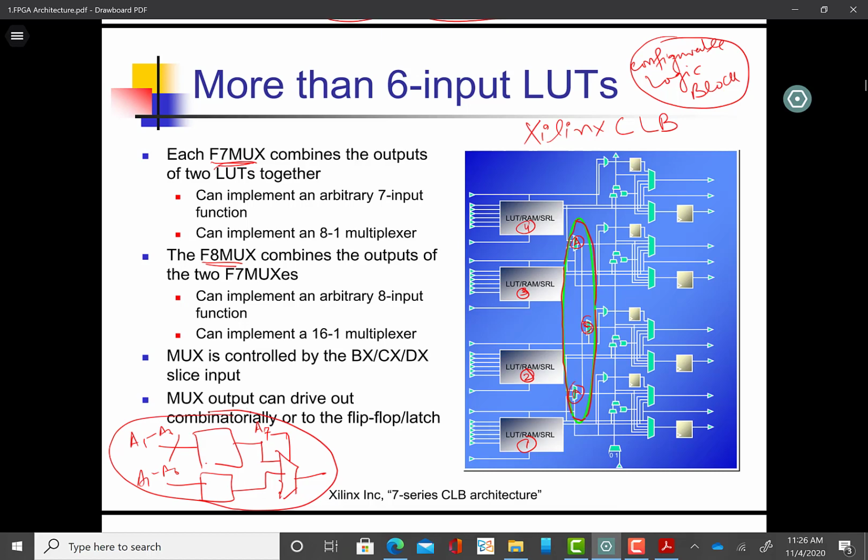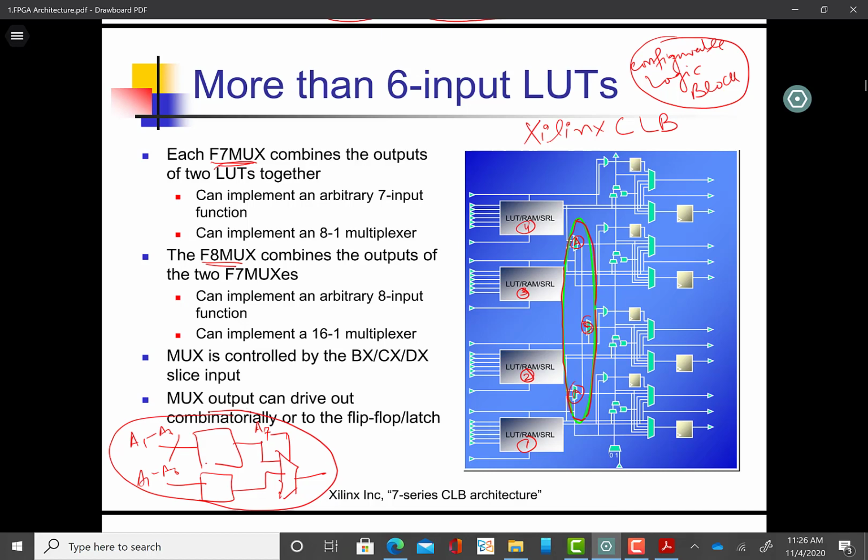So an 8 input LUT is huge, and most applications use lookup tables that are 6 input or below. If we consider practical circuits, most of the lookup tables will be 6 input or below. That's why these companies did a lot of research on circuits.